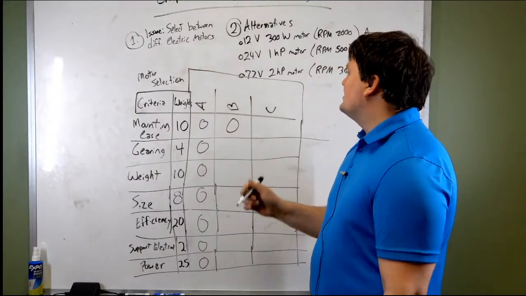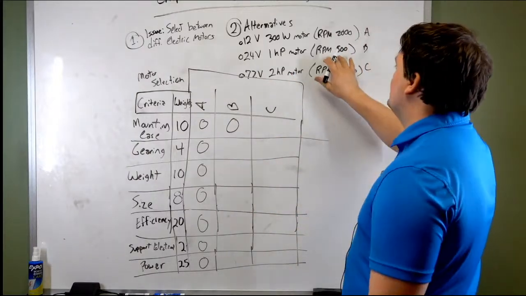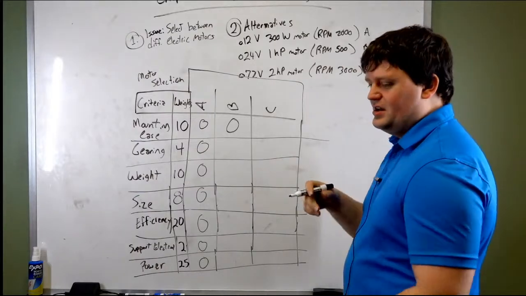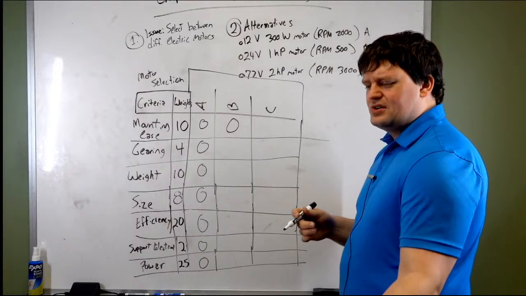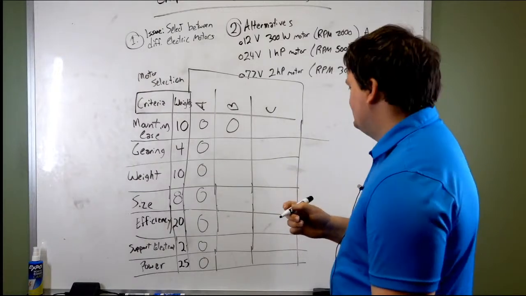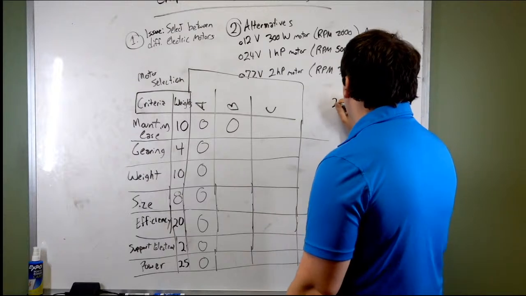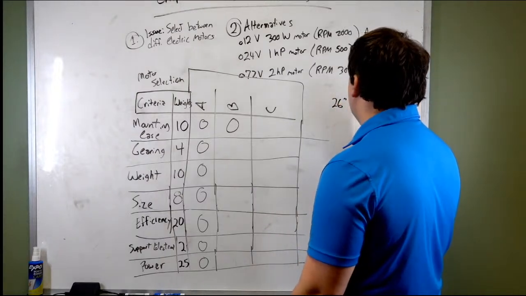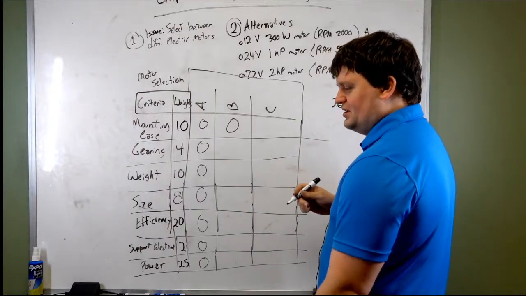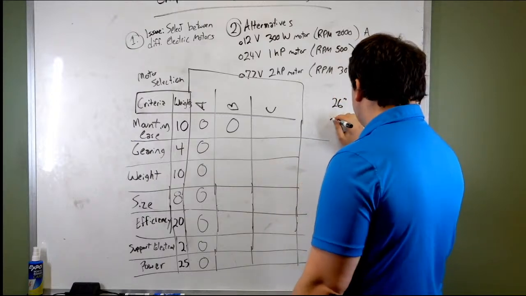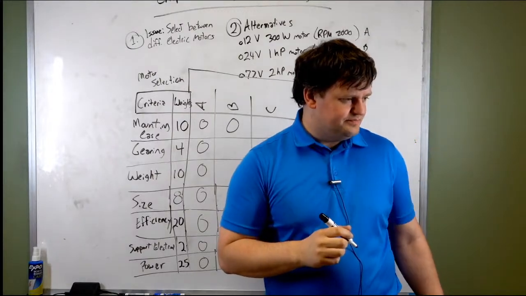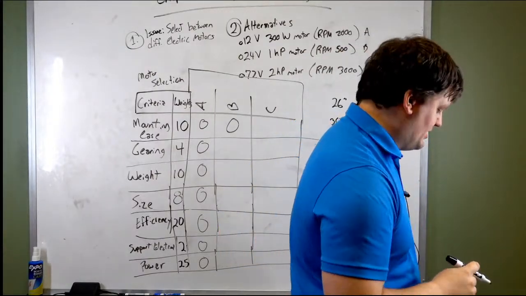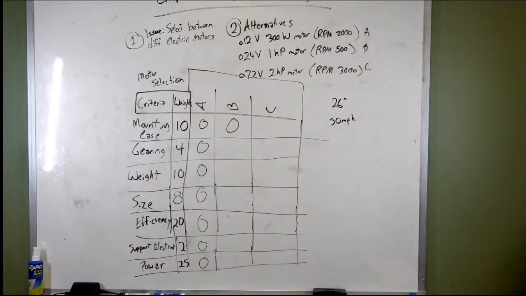Okay, as far as gearing goes, this one has an RPM of 500. If you think about your bike wheel, if you're using a 26-inch wheel and traveling at 30 miles an hour, quick maths time. I've got my phone, which is my favorite calculator.